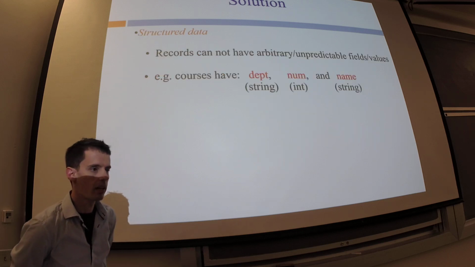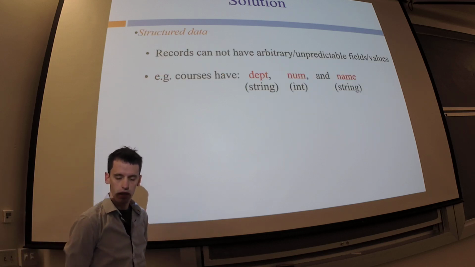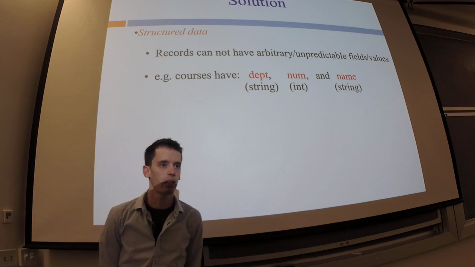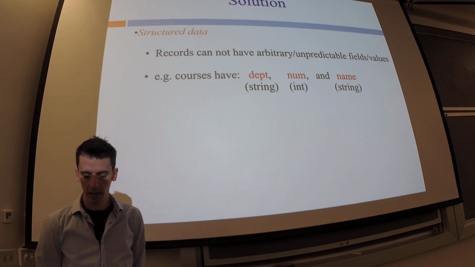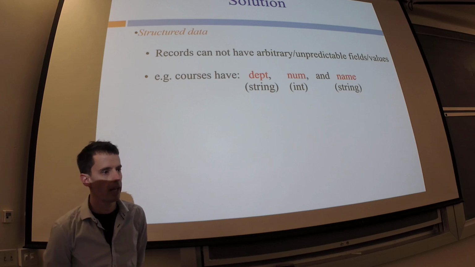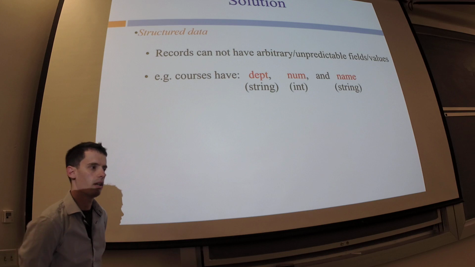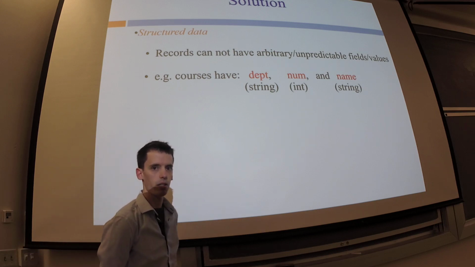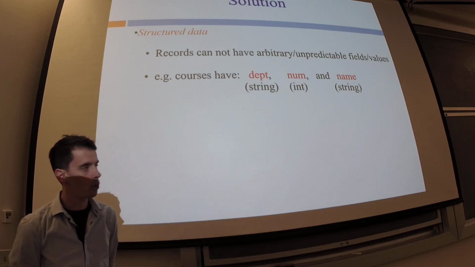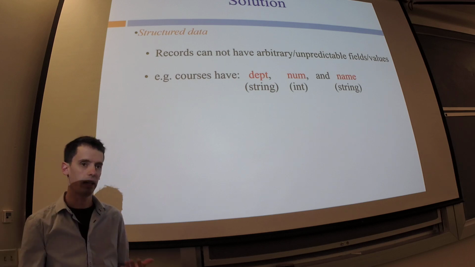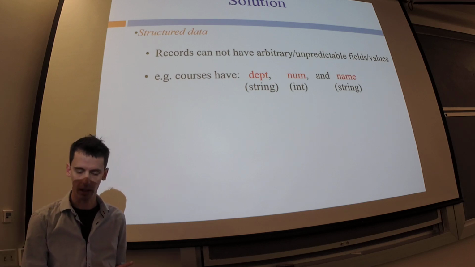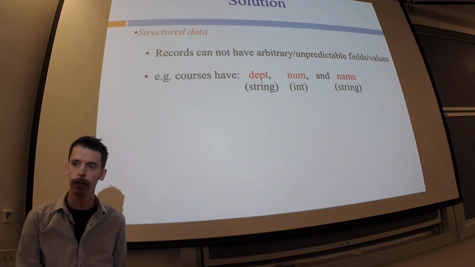So structured data is self-describing, meaning it's tagged, but it also means that every record has a specific set of fields called attributes. So a course, for example, has a department, which is a string. It has a number, which is an int, and it has a name, which is a string.